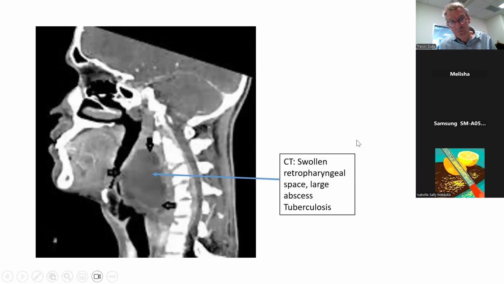This is a CT scan of a child who also had evidence on plain X-ray of a large retropharyngeal soft tissue swelling, and you might wonder what this is. Well, this could be a large retropharyngeal abscess as well, but in fact this was tuberculosis, a caseating inflammatory mass in the retropharyngeal space.